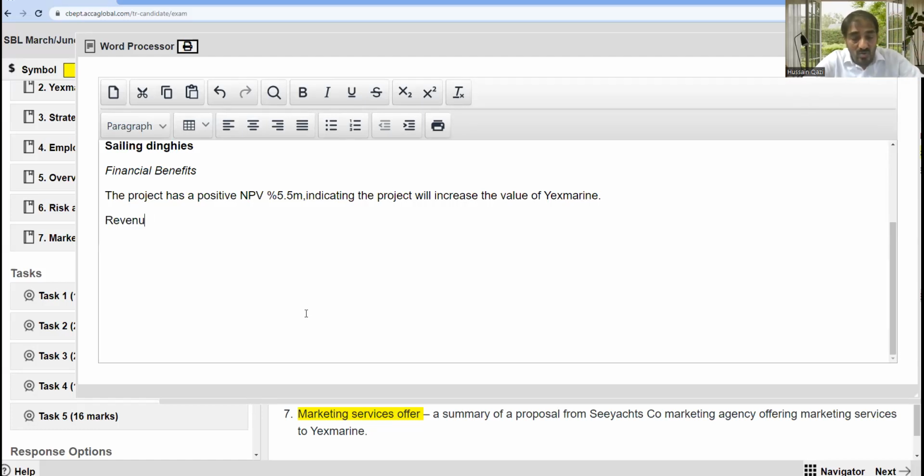Then revenue, you have to mention when the revenue is going to start for this project. Revenue would start to be received by 1.5 years.